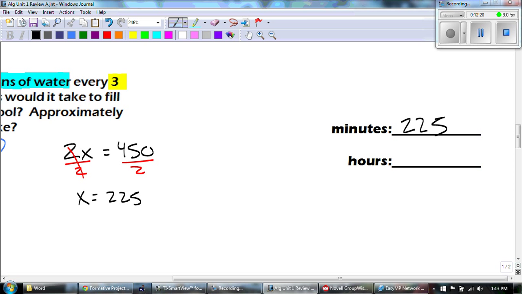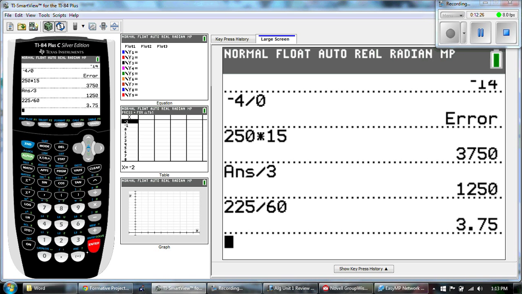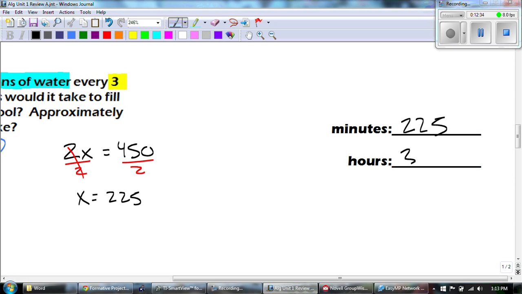Some people are like, well, each hour is divided by 60, so 3.75. Okay, well, that's approximately 4 hours if we're rounding up. But that is exactly 3 hours, and the 0.75, well, I can't say 0.75 minutes, guys. There's not 75 minutes.